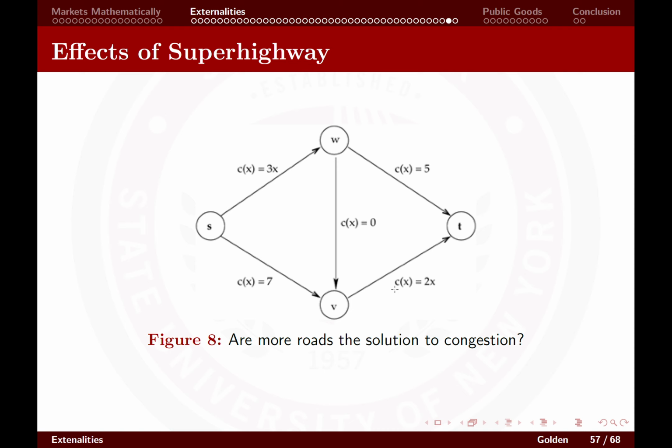So 3x1 plus 5 equals 7 plus 2 times (1 minus x1). Then you get 9 minus 2x1 equals 3x1 plus 5, so 4 equals 4x1. x1 equals 1.